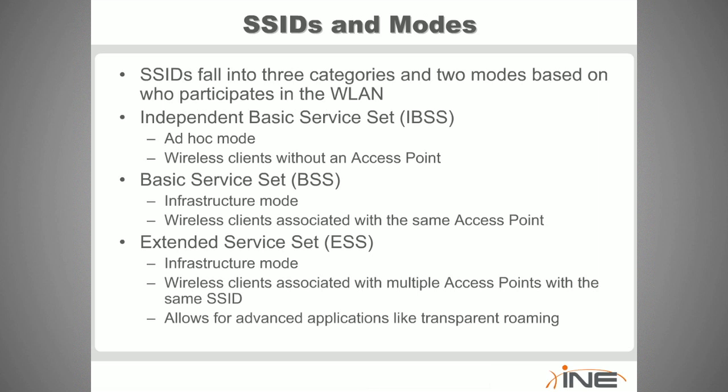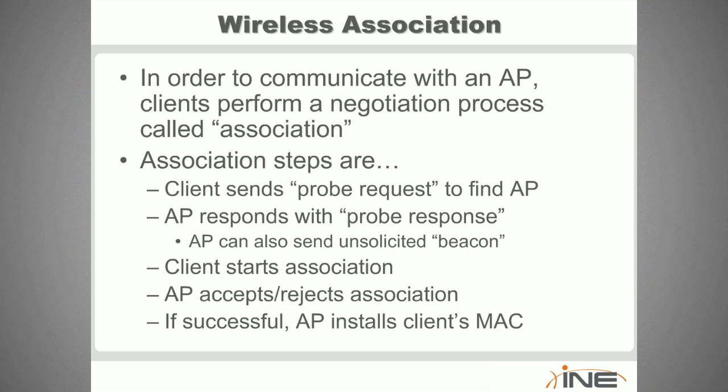Okay, the most extreme case of this for roaming would be if you have a Wi-Fi phone. If you're on your wireless phone and you're walking throughout the office, you disassociate with one access point and reassociate with the other one. You don't want to have to drop your phone call. So that would be transparent layer 2 roaming from the wireless handset's point of view.